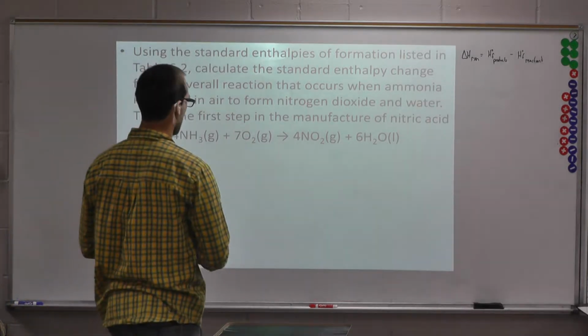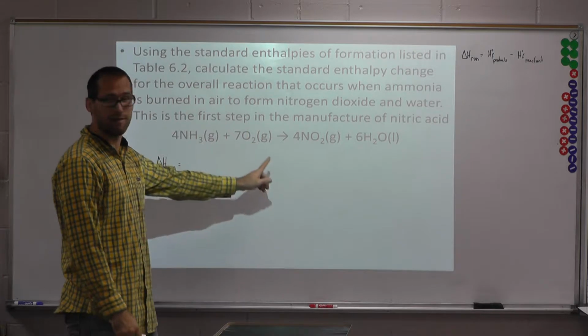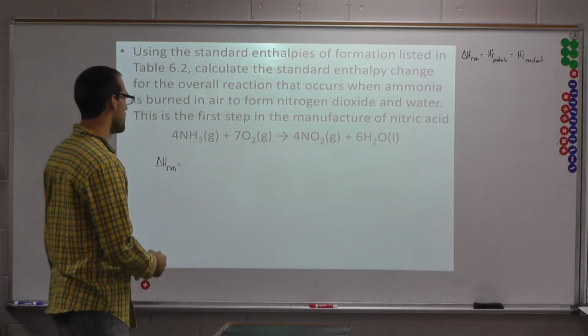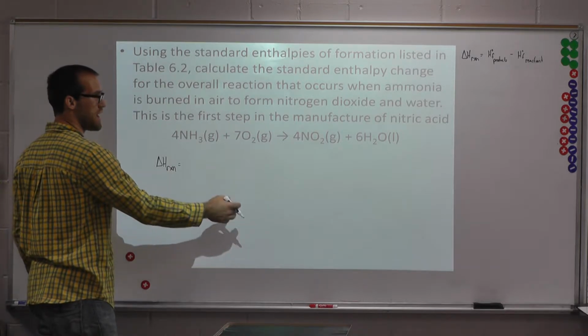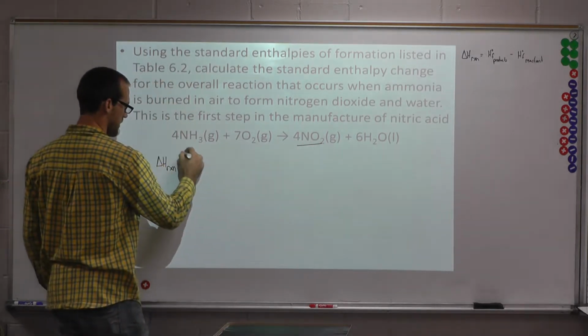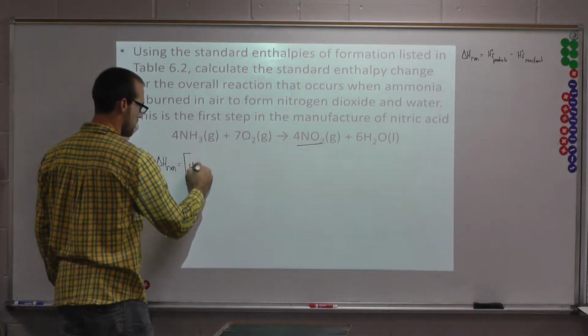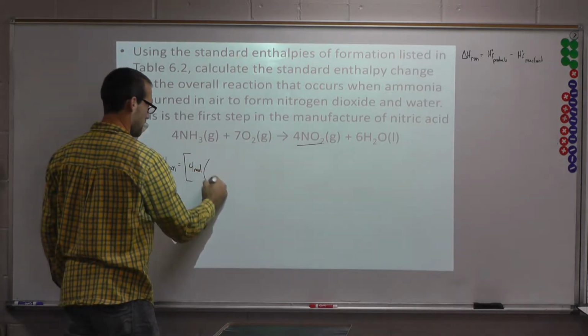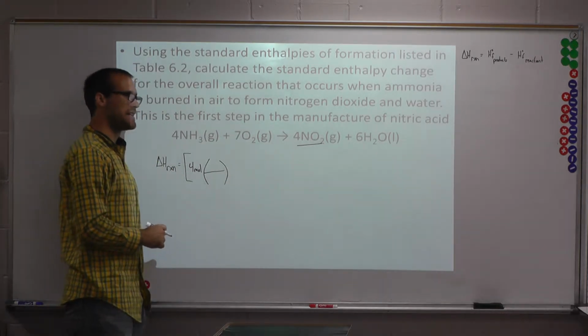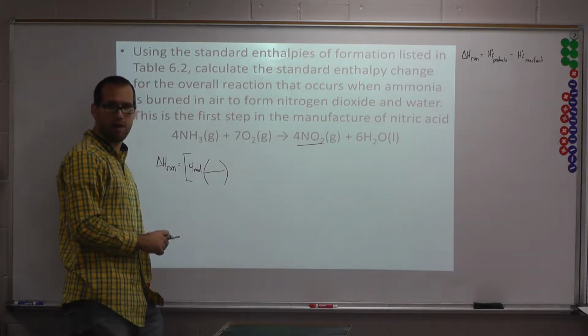Well, we have more than 1 mole on these guys, so we have to take that into consideration. So if I do products minus reactants, let's start with my first product. I have 4 moles of it. And I know that NO2 as a gas, to form it would be how much energy per mole?